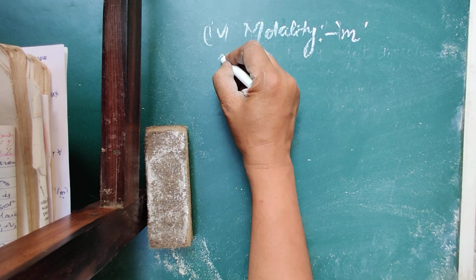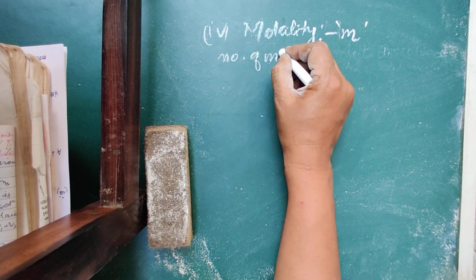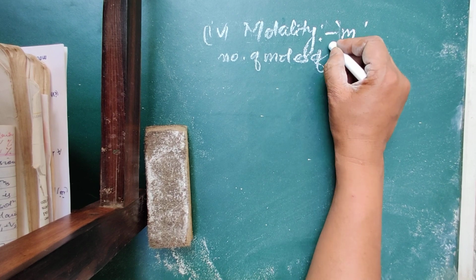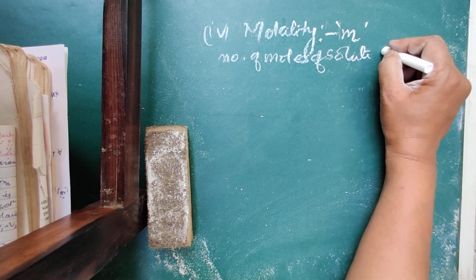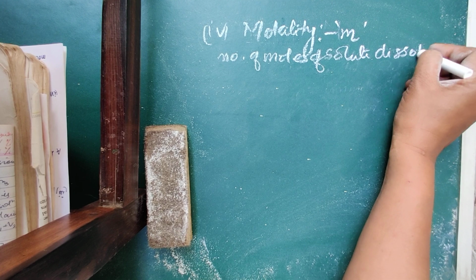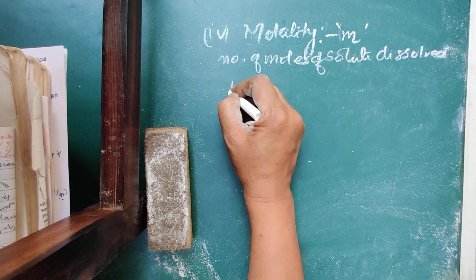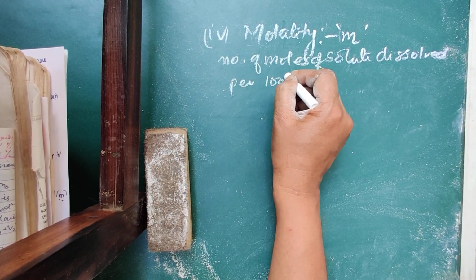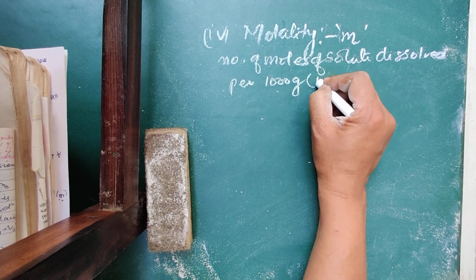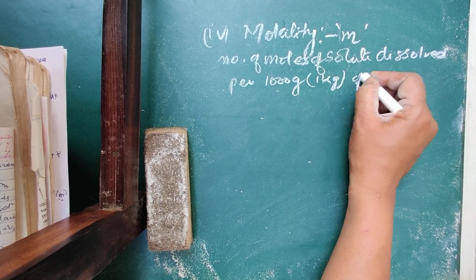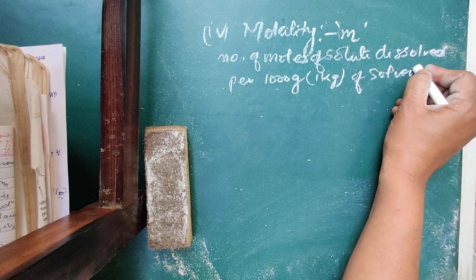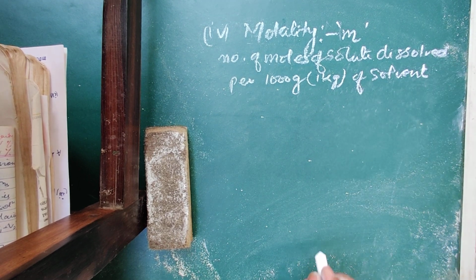So number of moles of solute dissolved per 1000 gram, or we can say 1 kg of solvent.